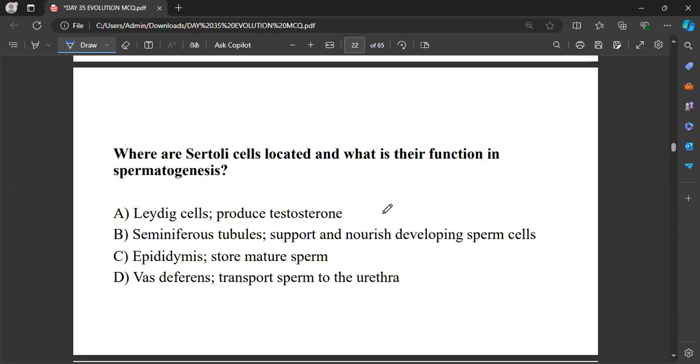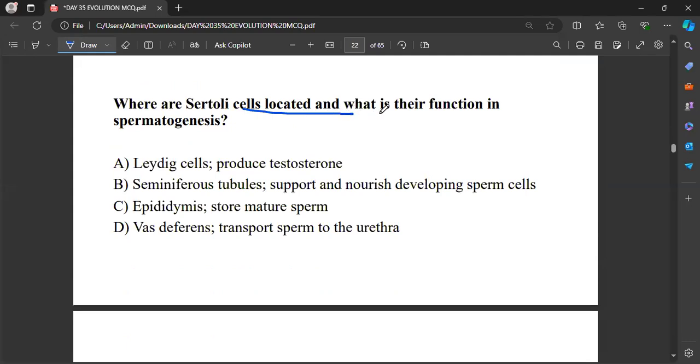Very good. Where are Sertoli cells located and what is their function in spermatogenesis? See, when it comes to the process of spermatogenesis and oogenesis, hormones play an immense role.